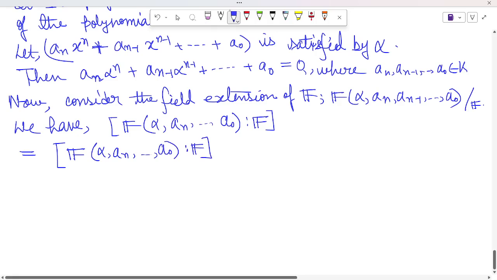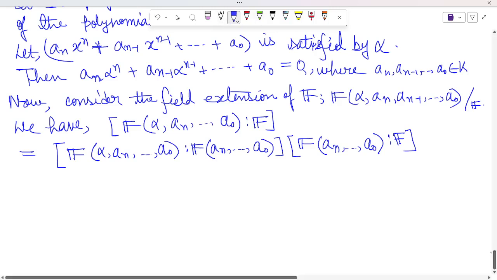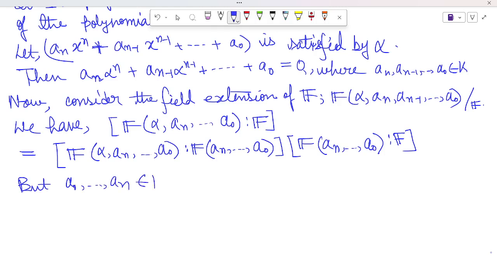I am breaking it into two towers. First F(a_0, ..., a_n) over F. Now a_0 to a_n are from K, and K over F is algebraic.